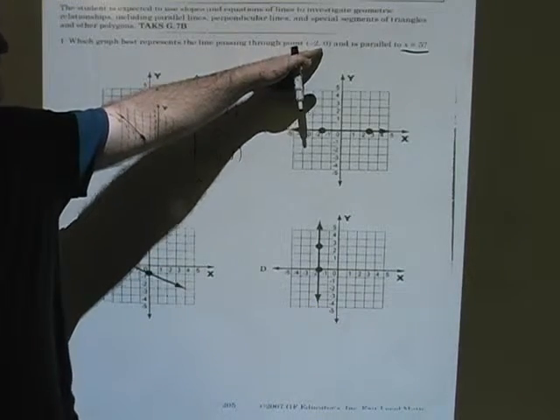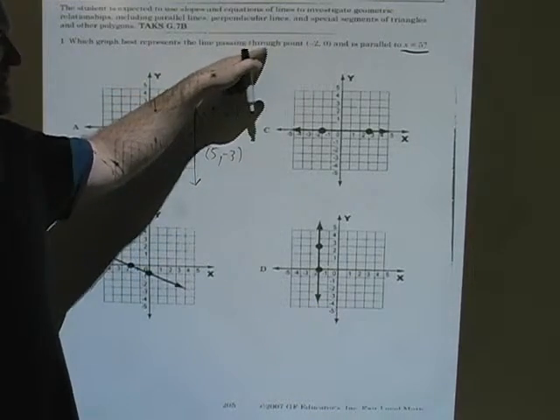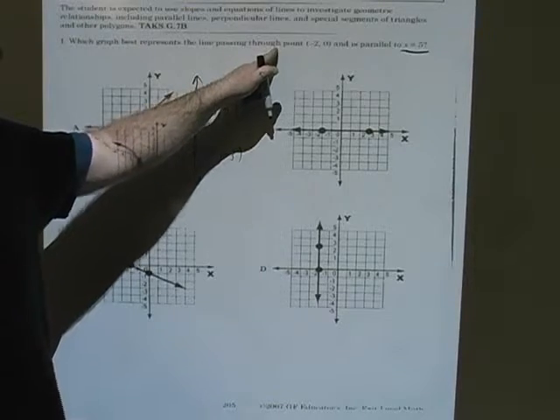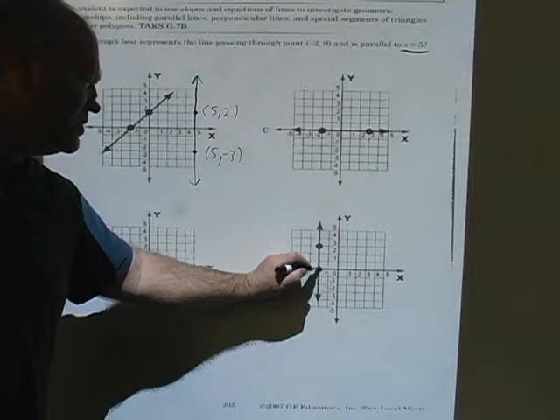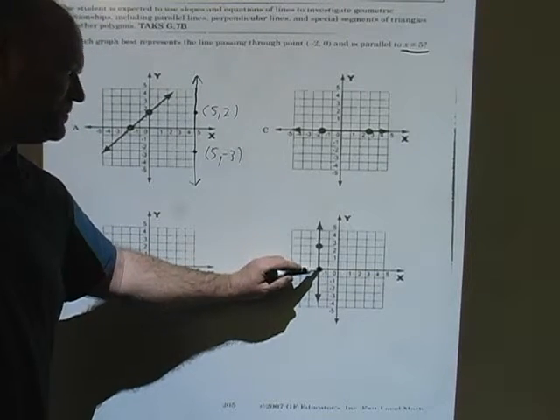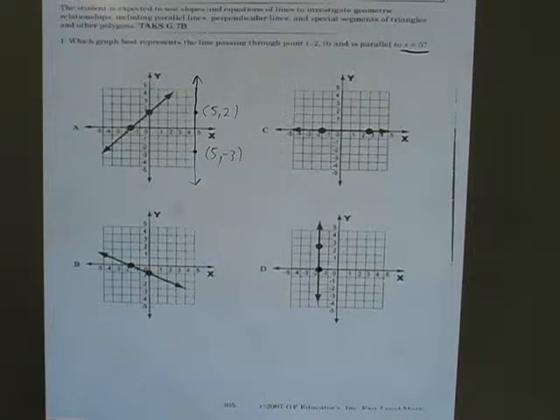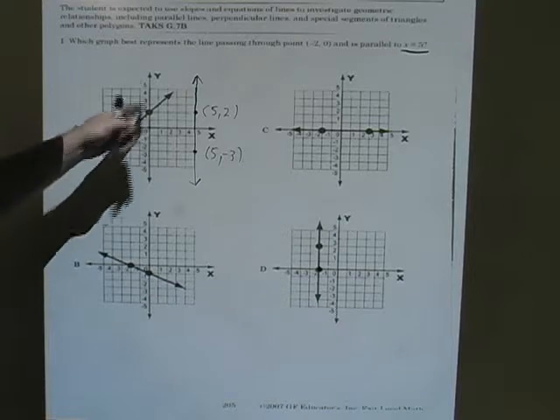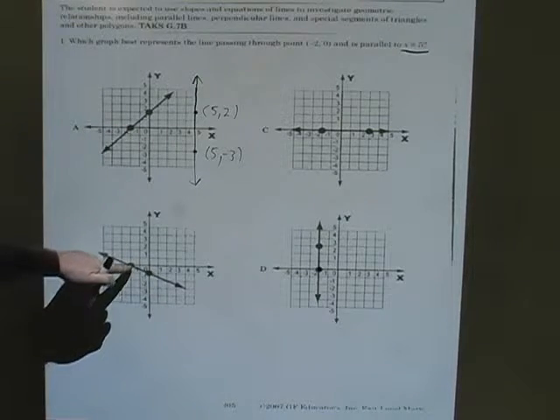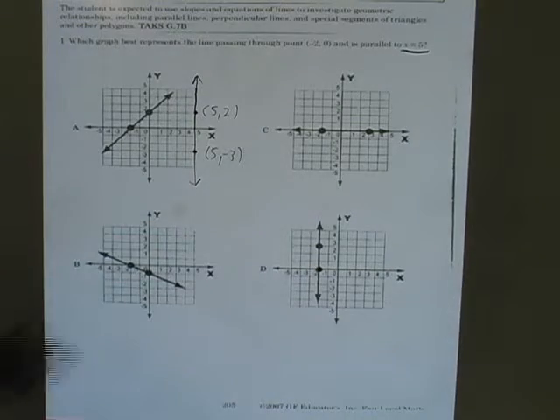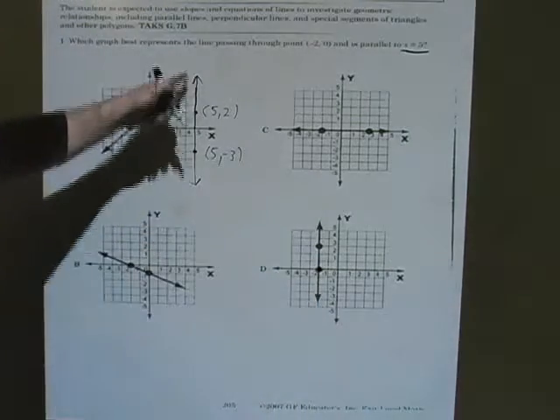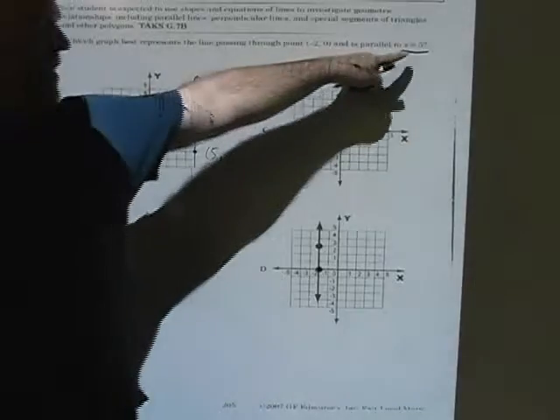This part you didn't even need, but you can see that this line does pass through point -2, 0 right here. Okay. No, all of the lines actually pass through -2, 0, if you notice. Okay, there. But this one is parallel to the line x equals 5.